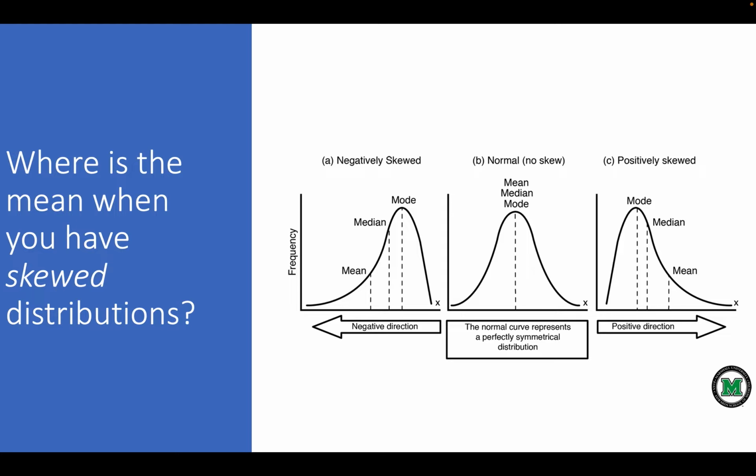So our textbook defines skewness as simply lopsided. See how the image on the left is being pulled to the left? The tail is pointed to the left. That indicates a negative skew in our data. On the right, we see the opposite. The pull is to the right, which indicates a positive skew in our data.